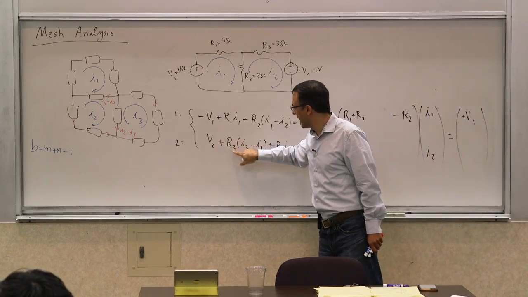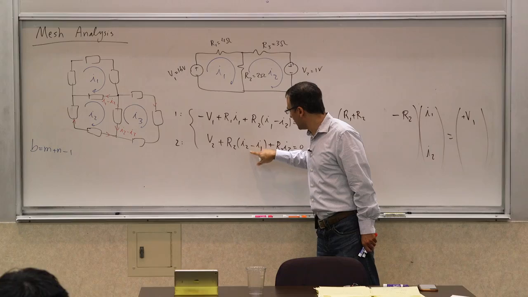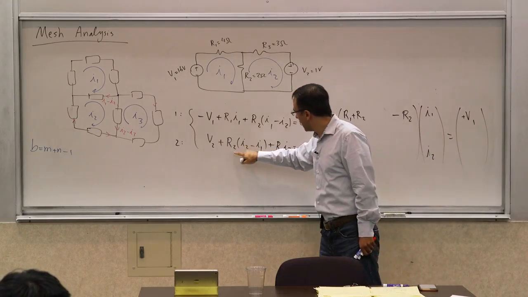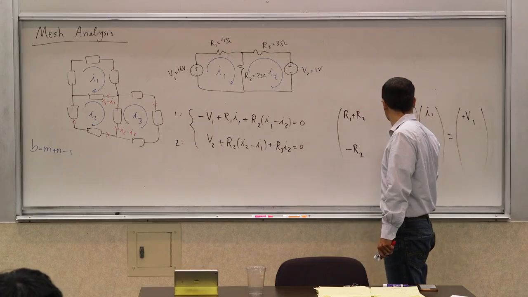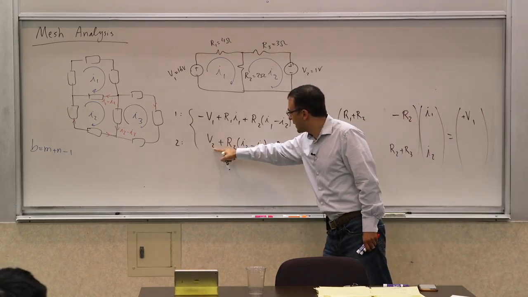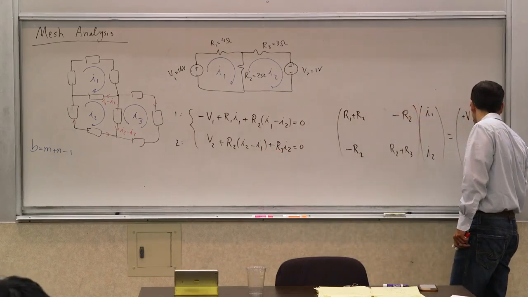And here, for I1, I have negative R2, and then R2 plus R3. And this one goes to the other side, so you get negative V2.